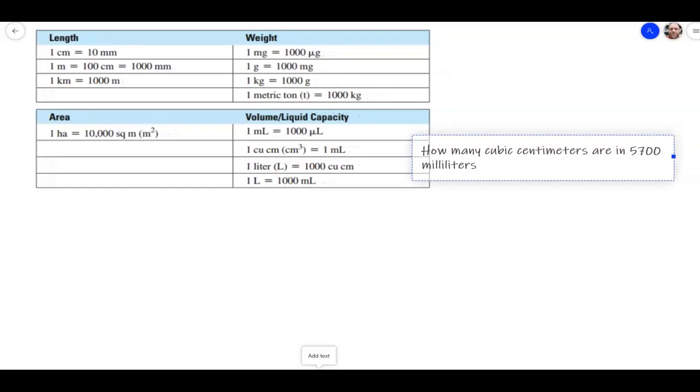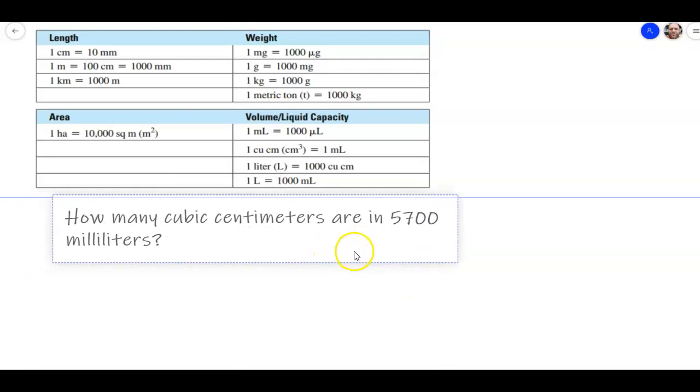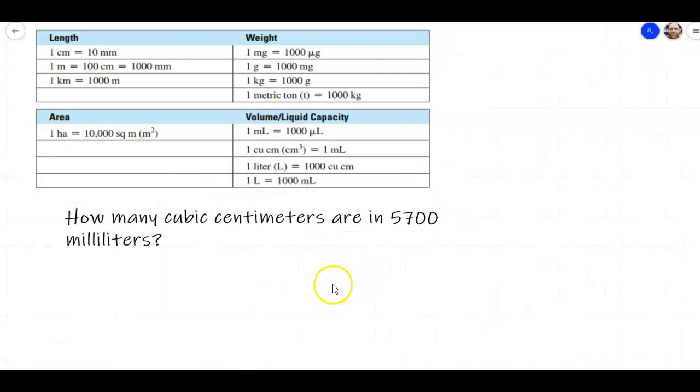All right, I kind of pushed my whole thing over there, but that's all right. So let's give that one a try here. How many cubic centimeters are in 5,700 milliliters? So pause it, try to set it up, see if you can solve it, and then we will go through the solution.